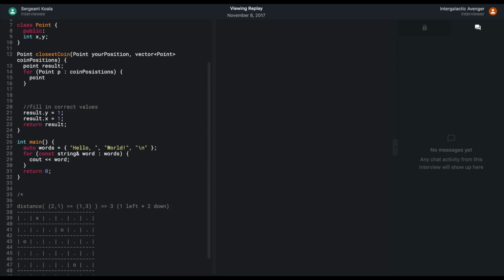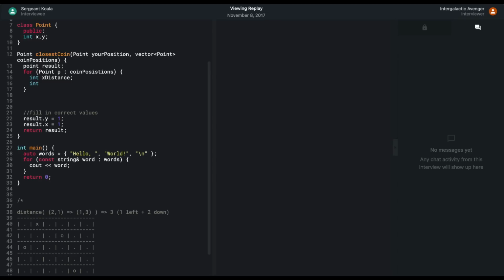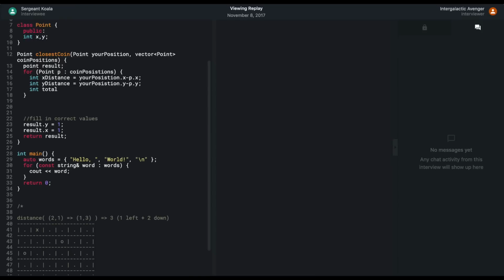Actually, no, let's use P. Let's do integer x distance, integer y distance, and the x distance is going to be equal to your position dot x minus t dot x, and then y distance is equal to your position dot y minus t dot y, and then total distance is equal to x distance plus y distance.